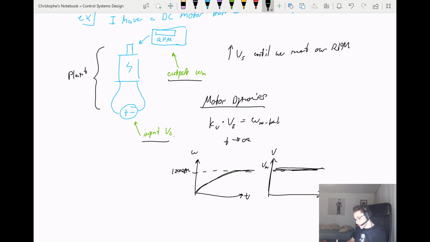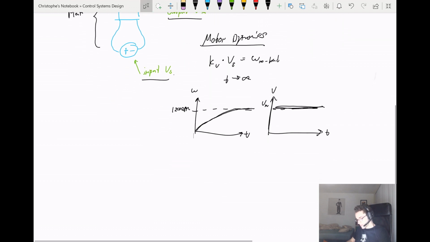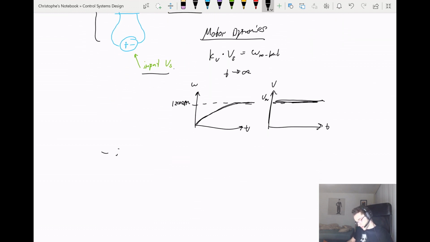But if we know that omega is proportional to the voltage supplied, then what we can do is input more voltage than what we really need to get to our RPM, and then over time decrease that voltage in order to get as fast as possible to our desired RPM, right?